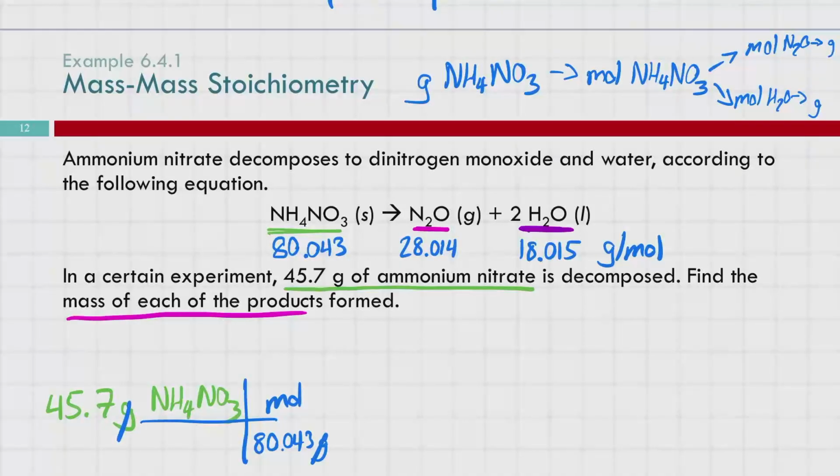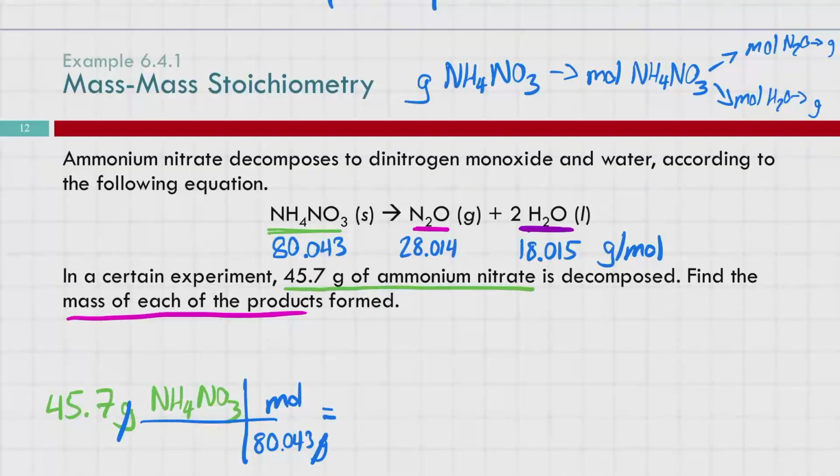So this will give us basically our number of dozens, our chemist's dozens, of ammonium nitrate molecules. And we know from our balanced chemical equation that 1 ammonium nitrate will degrade into 1 N2O and also 2 H2Os. And so we can use those ratios now because we've got basically the number of ammonium nitrates.